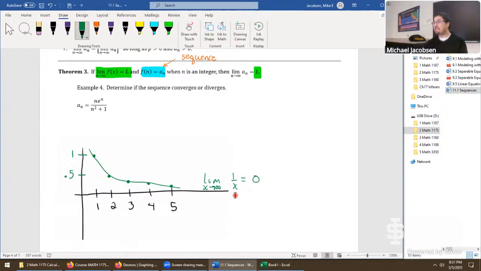Same conclusion we got. But then we could just say it immediately and automatically. Therefore, the limit as n goes to infinity of 1 over n is also 0. So this is the content of what theorem 3 is really trying to say. Any questions so far about that theorem?